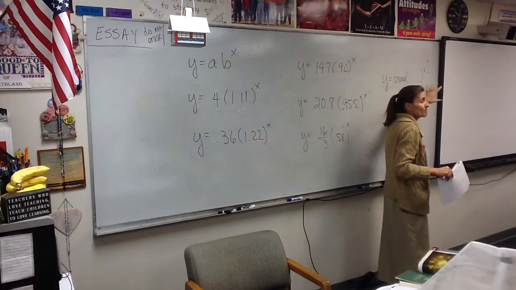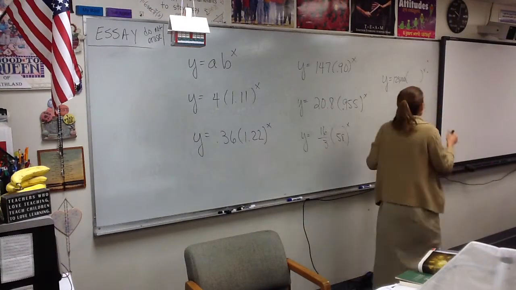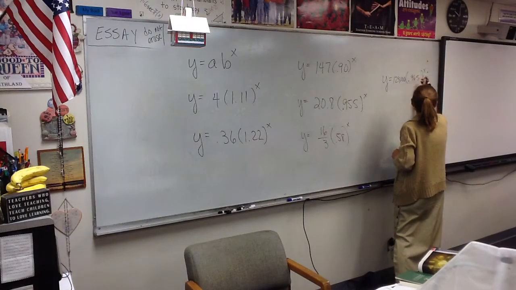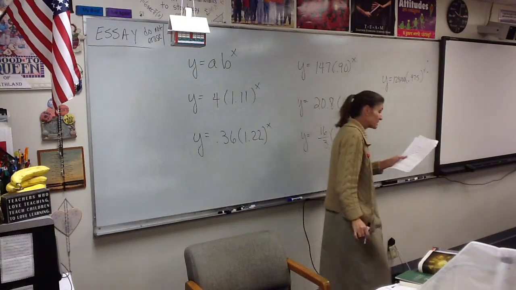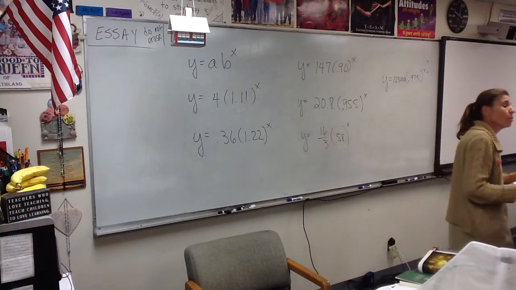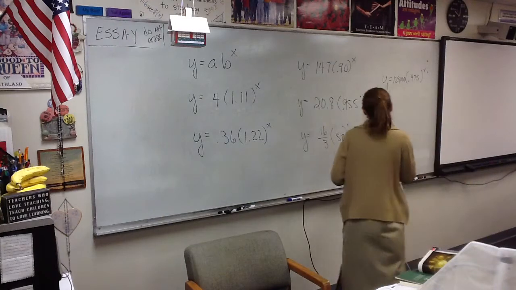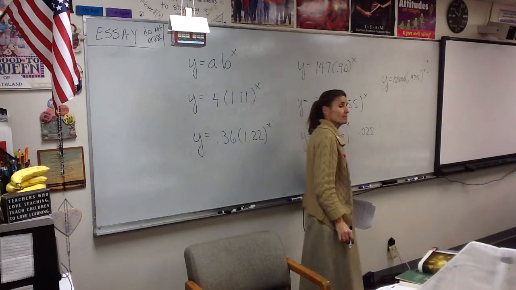So what decimal is 2.5%? 0.965? No, 0.975? Wait, 1 minus 2.5? What? But that's 2.5%. What is the decimal for 2.5%? Oh, 0.25. No, 0.025. That's right.